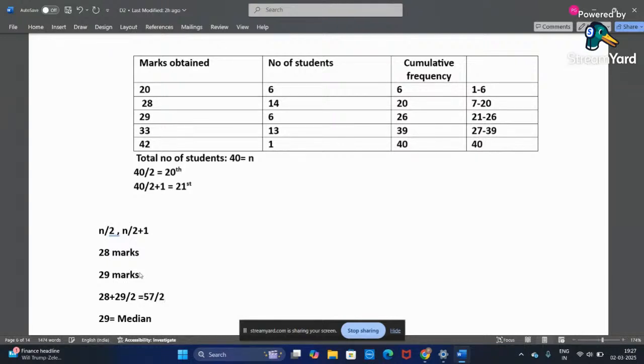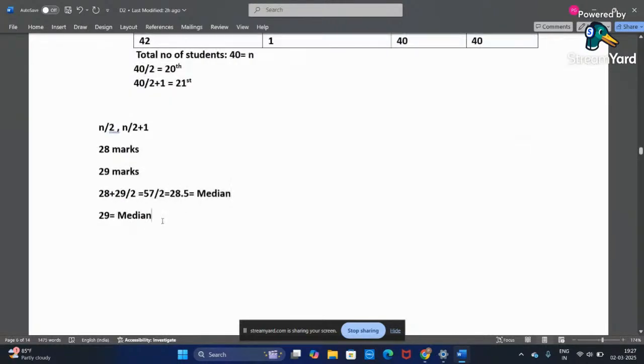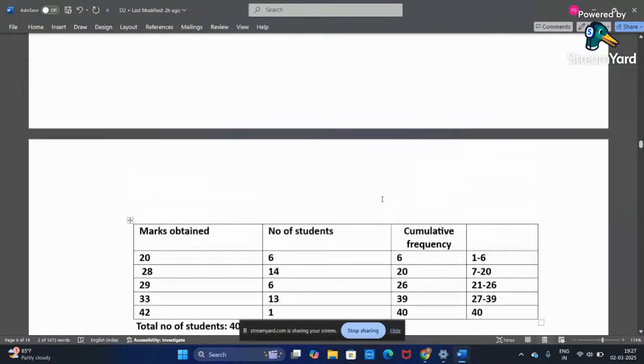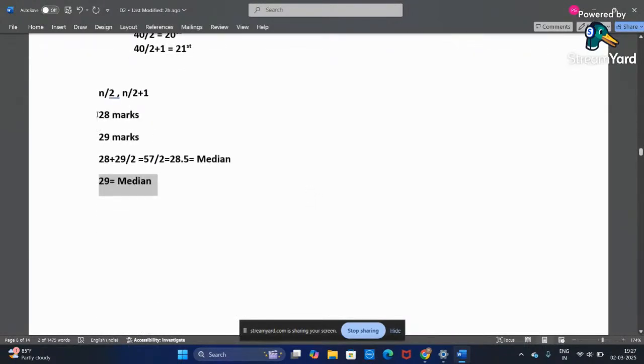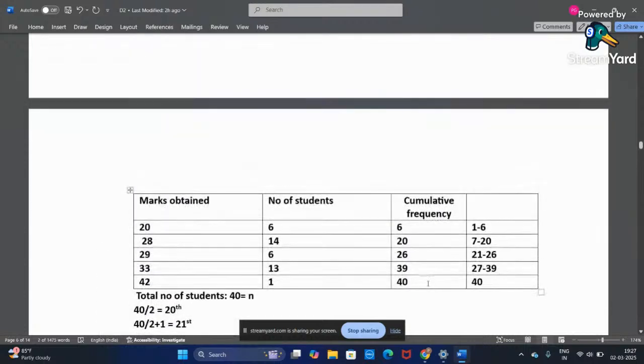Divide by 2, we get 28.5. This will be your median, right?